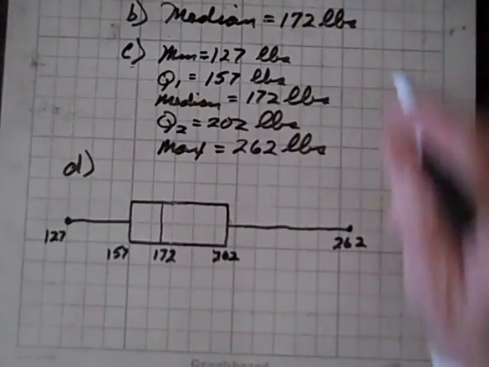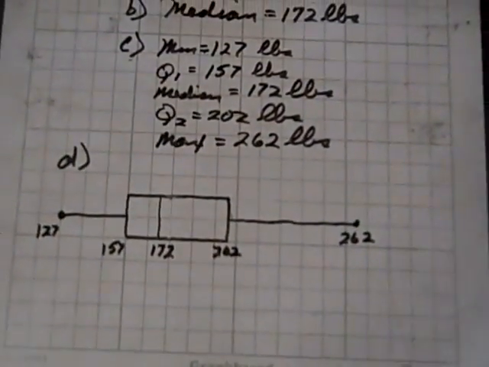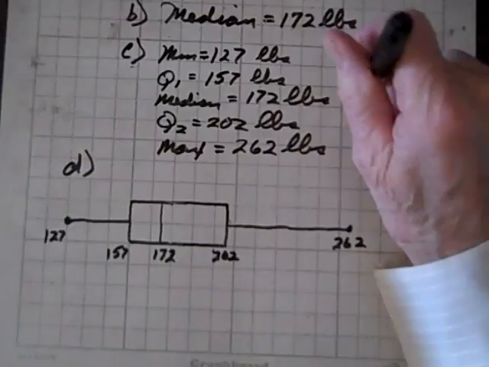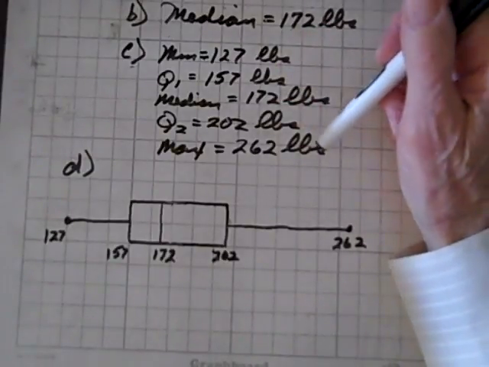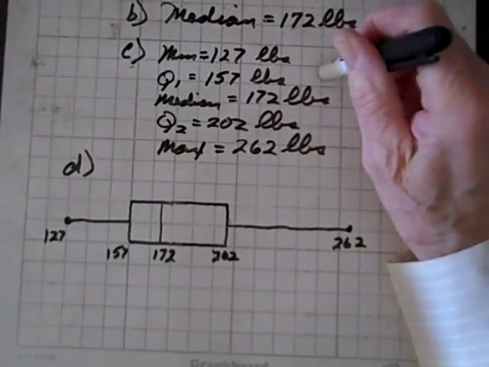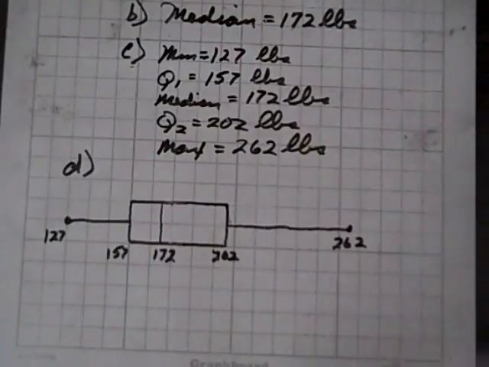Now keep in mind I said that the explanations for these upper and lower quartiles can be found on page 267. But let's get to the box plot.